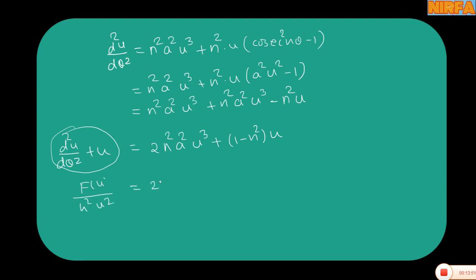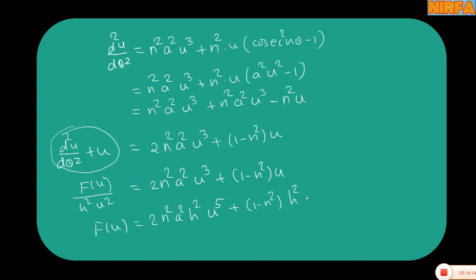It is equal to 2n square a square u cube plus 1 minus n square u, and therefore finally f of u I'll get 2n square a square h square u raised to 5, and here 1 minus n square into h square u cube.